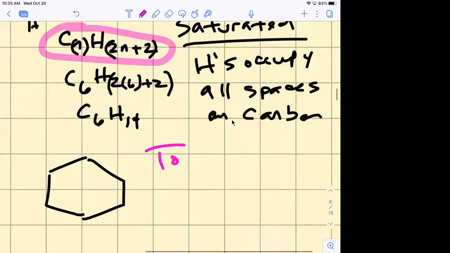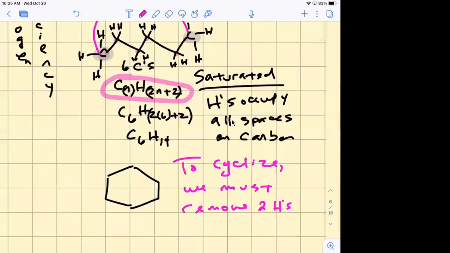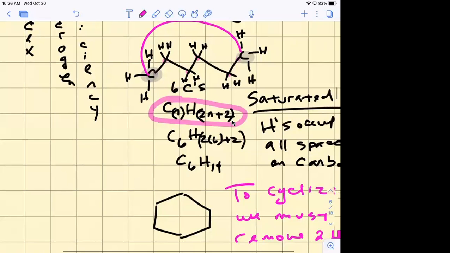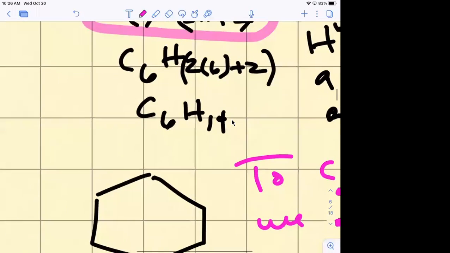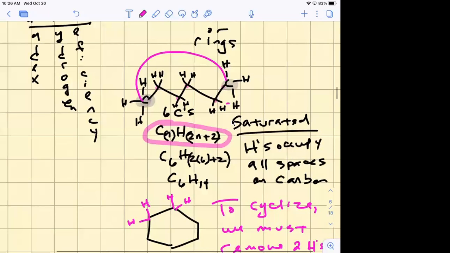So in order to cyclize it, we have to remove 2 H's. I'm going to make these pink.